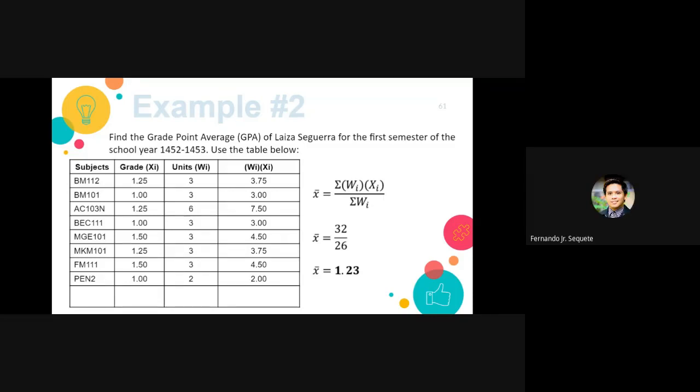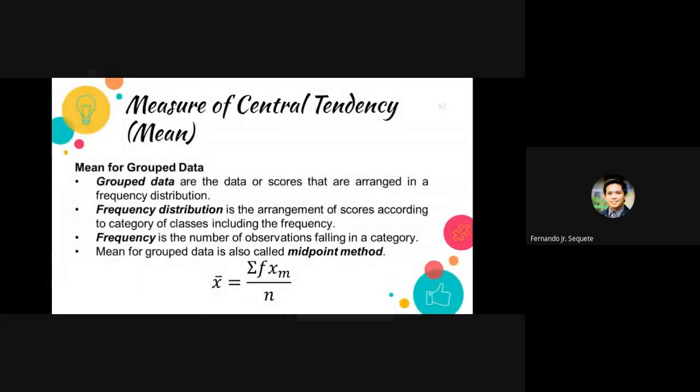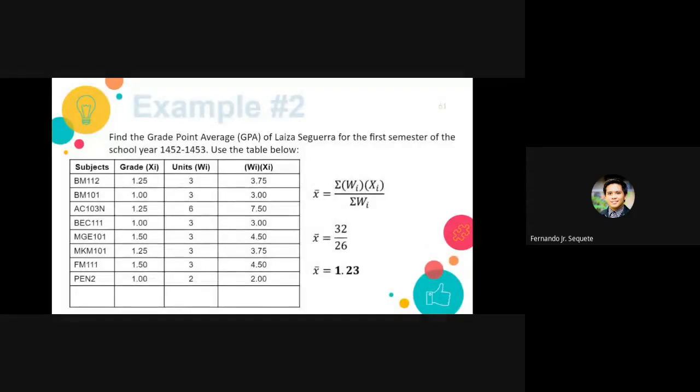The answer, according to Aslima, is that it is not in an FDT. That is correct. If we look at example number 2, children, it is not arranged using our FDT. Please take note, our definition of grouped data is data or scores that are arranged in a frequency distribution. So even if this example is arranged in a tabular form, the tabular form is not a frequency distribution table, therefore this example is considered ungrouped data.